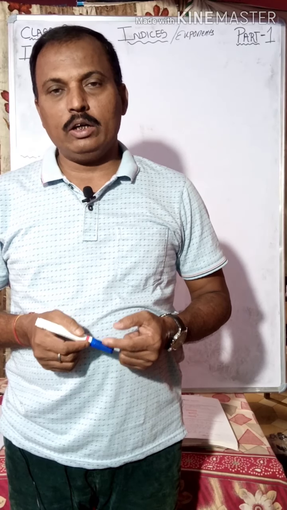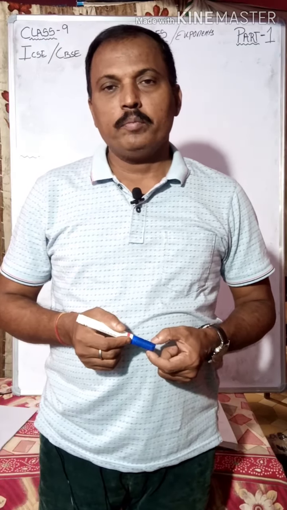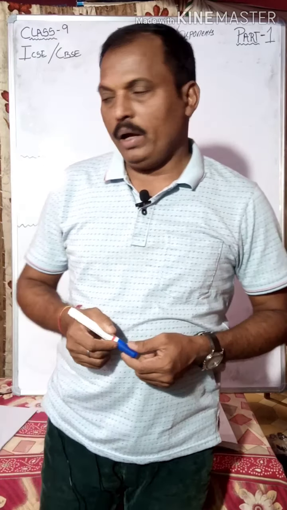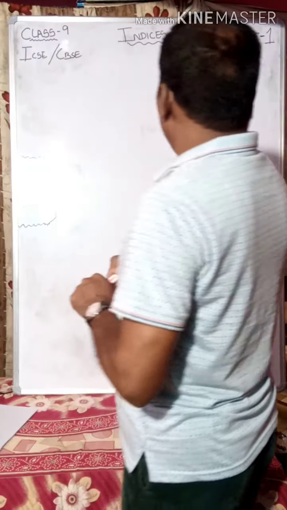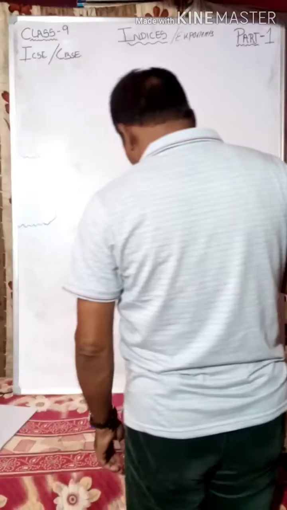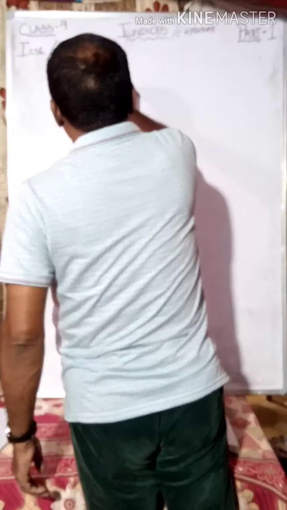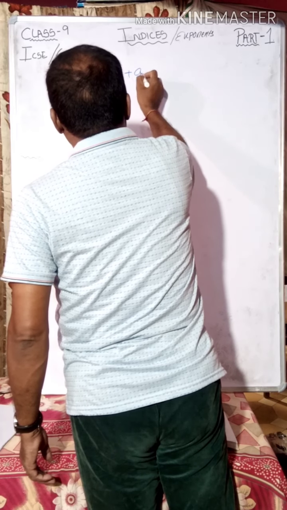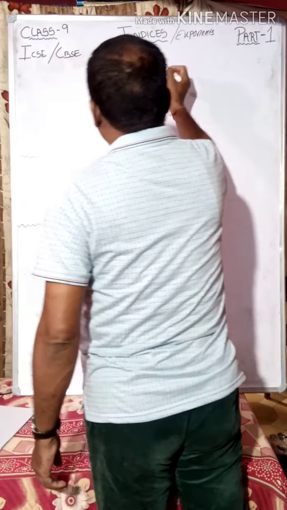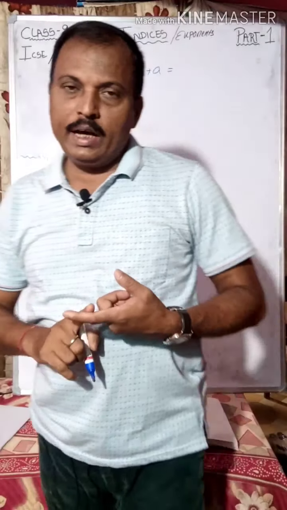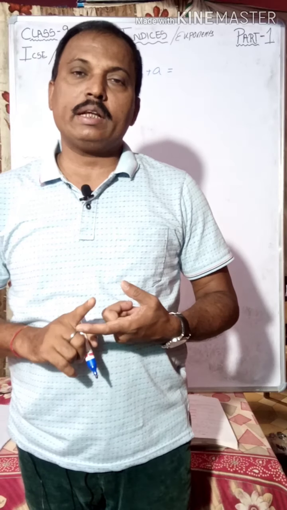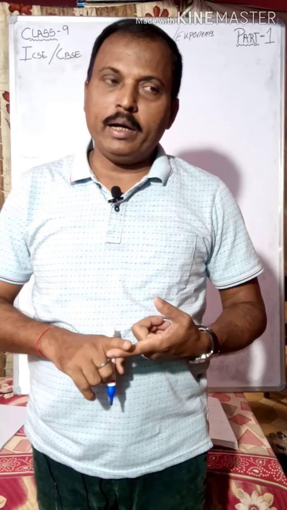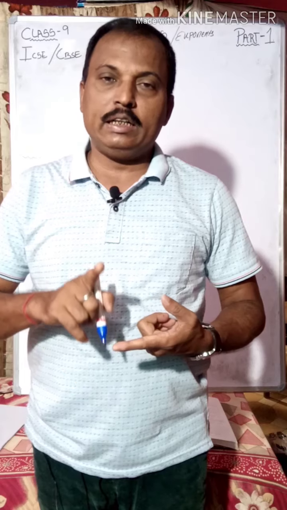First, let us discuss the rules of the indices or rules of the exponents. Now, a plus a plus a is equal to 3a. 1a plus 1a plus 1a means 1 mango plus 1 mango plus 1 mango, that is 3 mango.